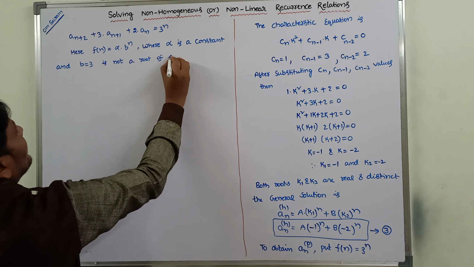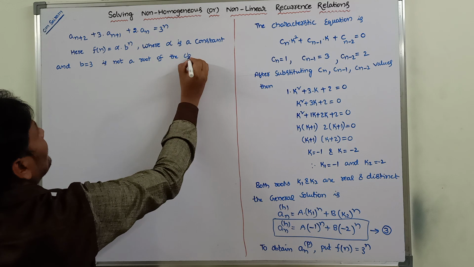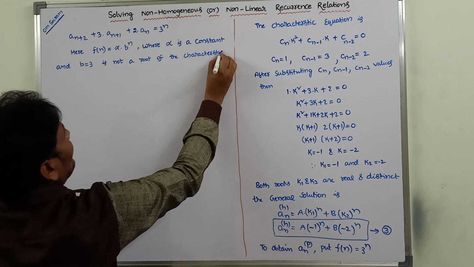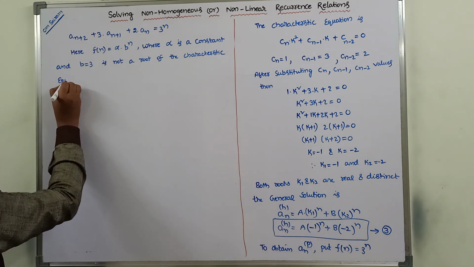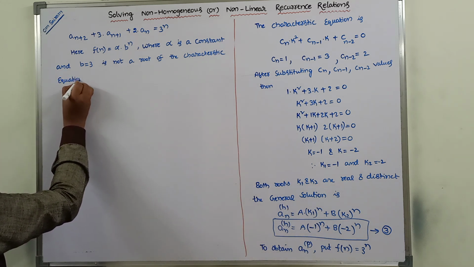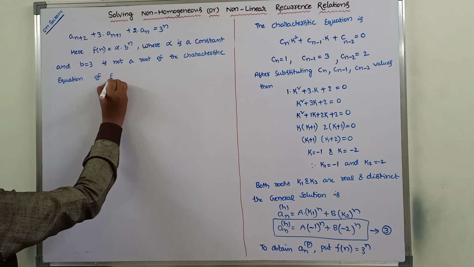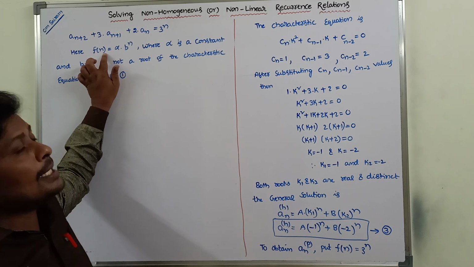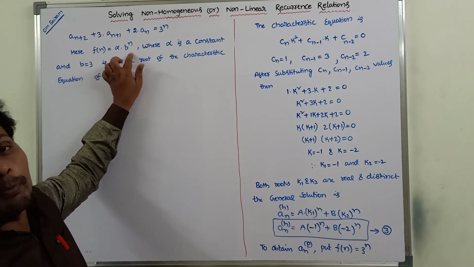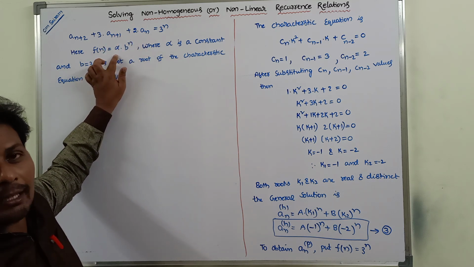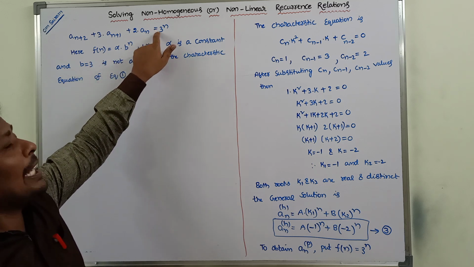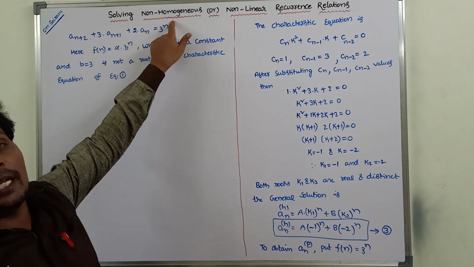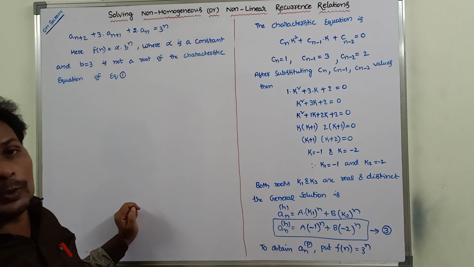of the characteristic equation of equation 1. Okay, here f of n is in the form of alpha into b power n, where alpha is a constant. So here alpha value is a constant, that is 1, and b power n is compared with 3 power n, b value is equal to 3.